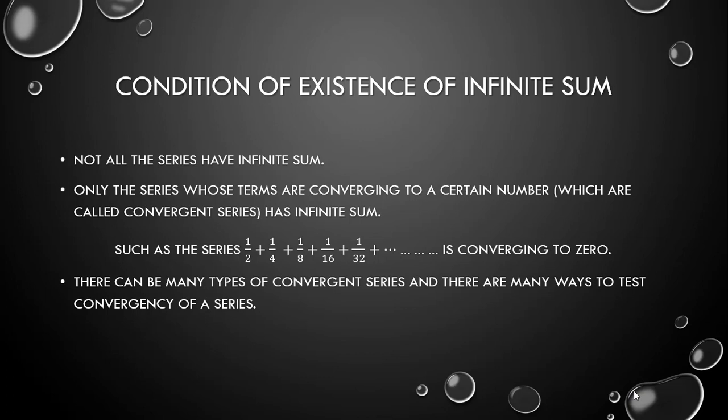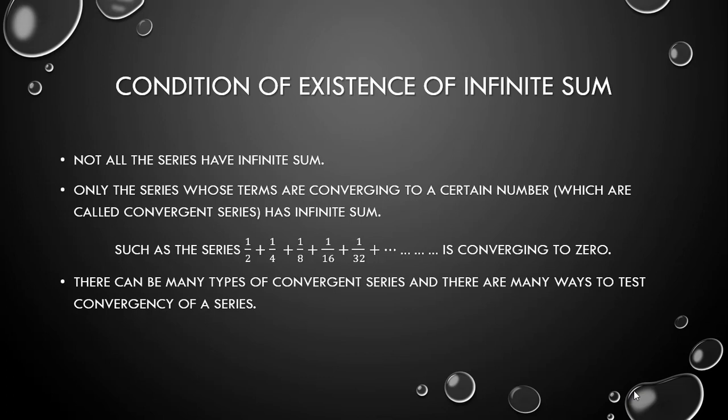There can be many types of convergent series, and there are many ways to test the convergence of a series. If the series is very complicated, it is very tough to find out whether it is convergent or divergent. Divergent means not convergent. I have told you that a series can be complicated, or a series can be easy.